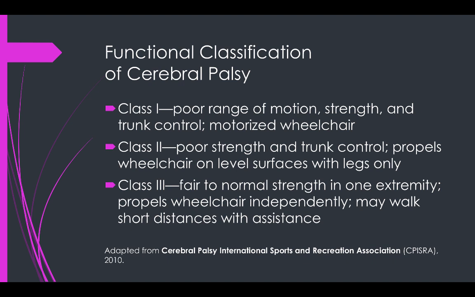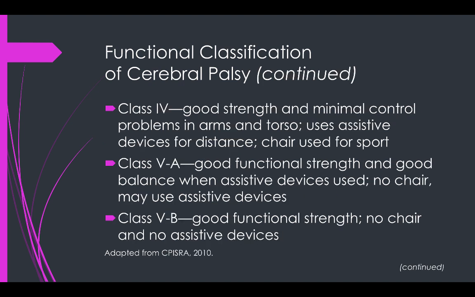Class 3, fair to normal in one extremity, so they probably can propel their wheelchair independently, and they may be able to walk short distances with the assistance of a walker or crutches. Moving on to class 4, they have pretty good strength, with limited control issues within their arm and torso. They'll use an assistive device for distance and usually will still play adaptive sports in a wheelchair.